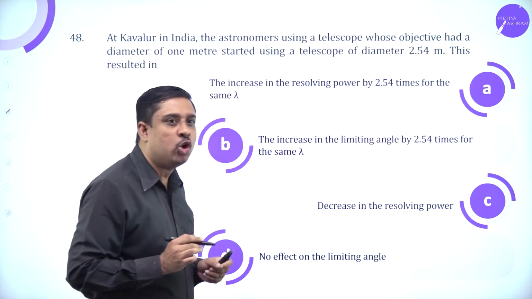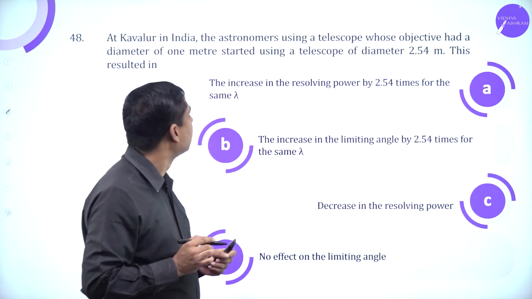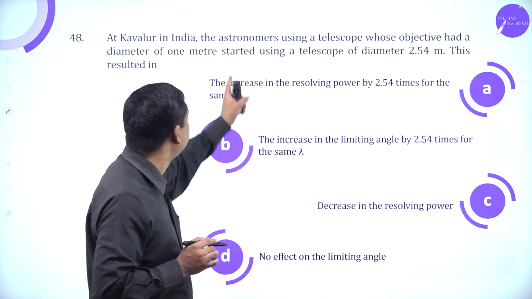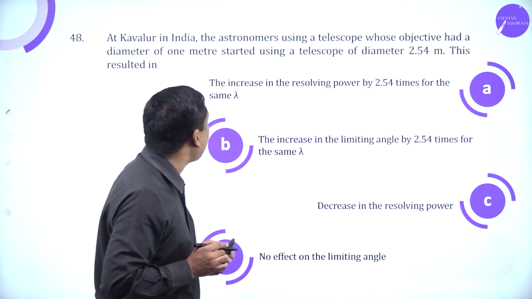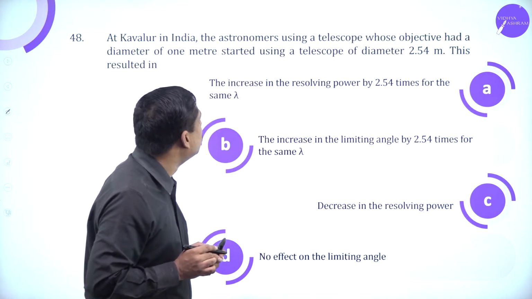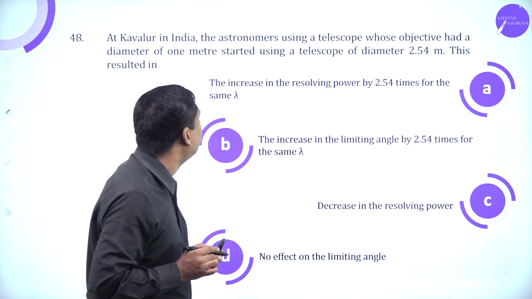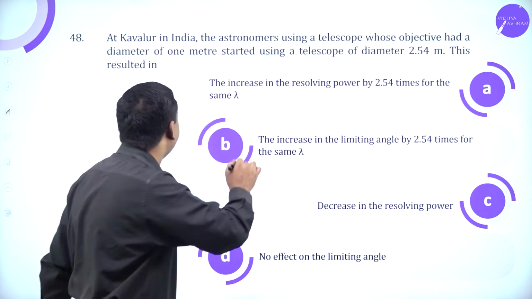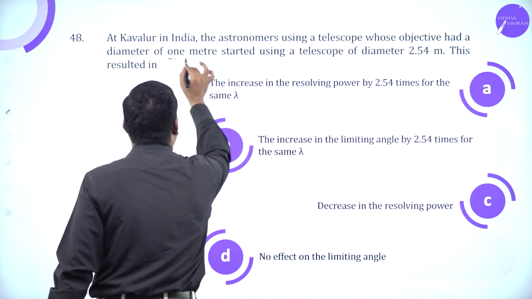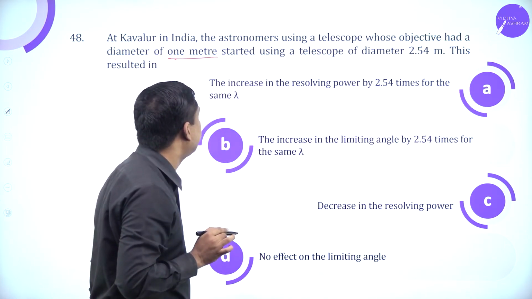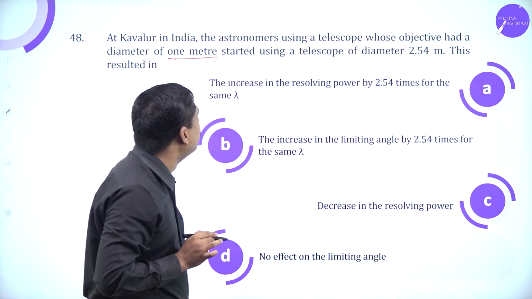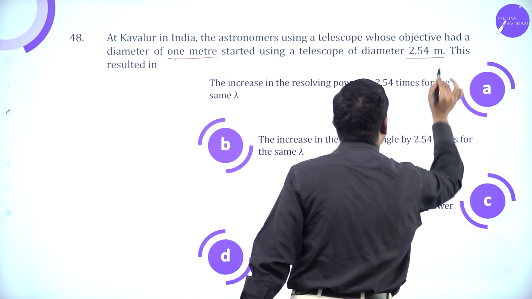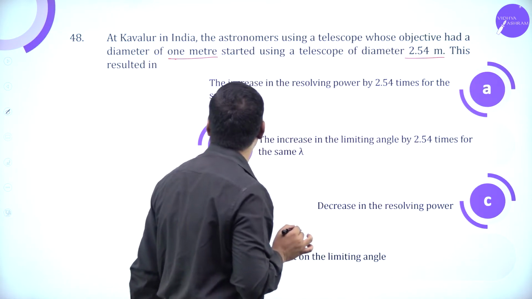At Kavalur in India, it is a space station. The astronomers using a telescope whose objective had a diameter of 1 meter started using a telescope of diameter 2.54 meter.